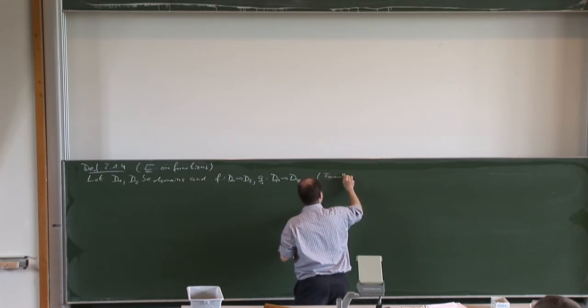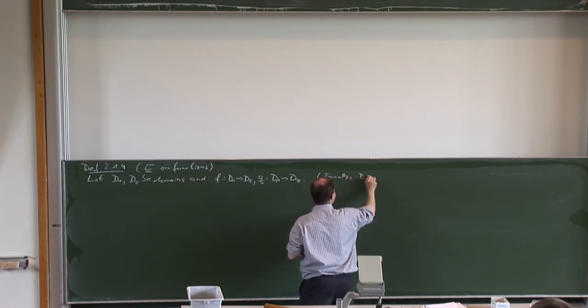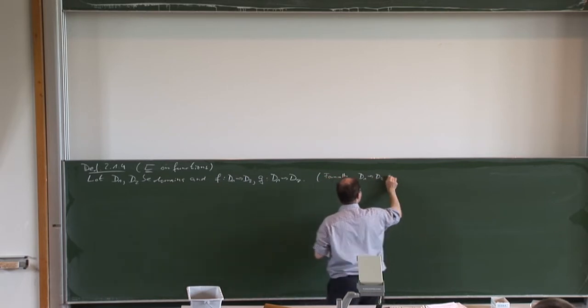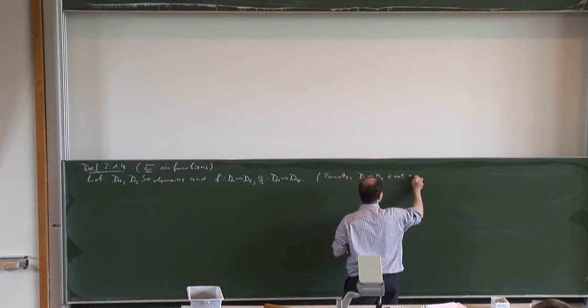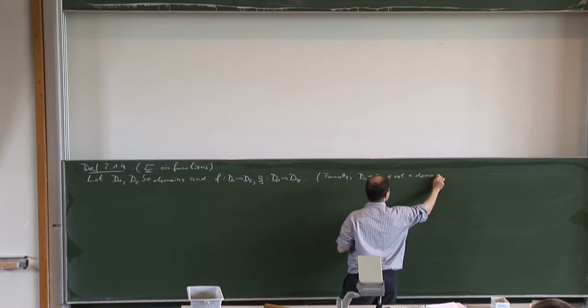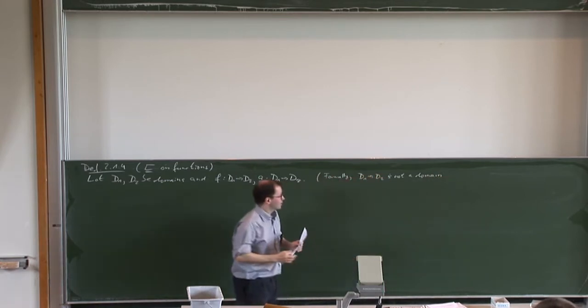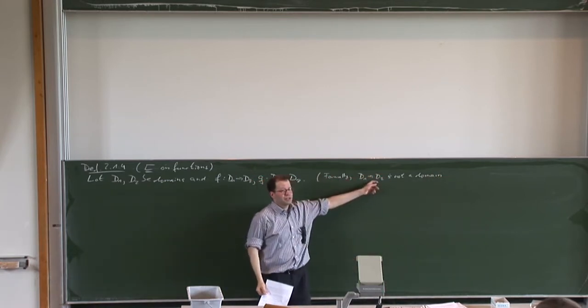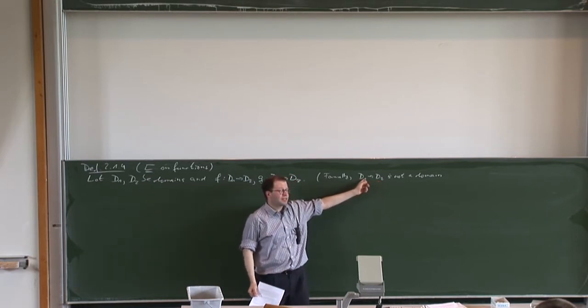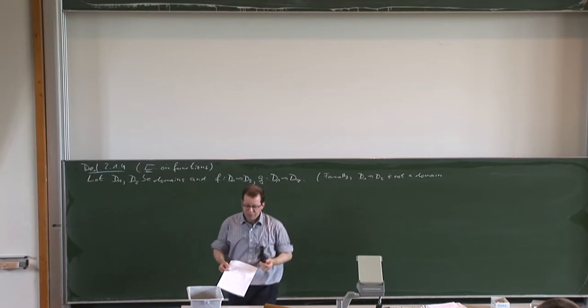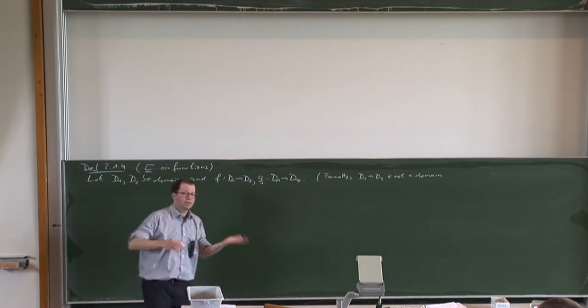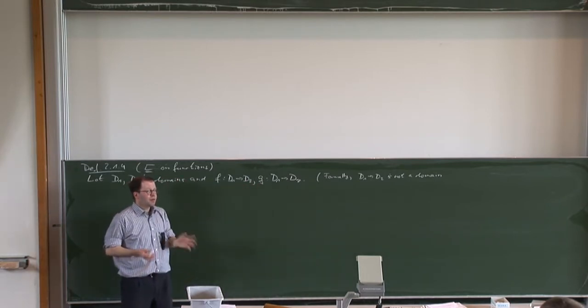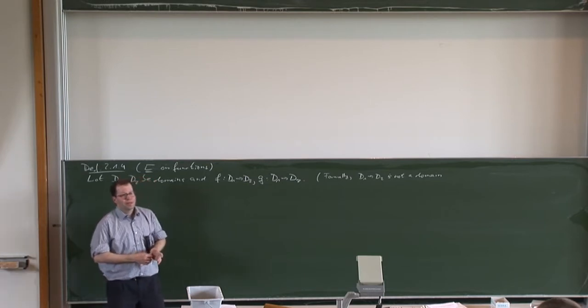Formally, the set of all functions from D1 to D2 is not a domain, and the reason is that there are many, many functions from D1 to D2. So let's assume D1 is Z bottom, D2 is also Z bottom. Then these would be all functions from Z bottom to Z bottom. And the problem is there are a bit too many.